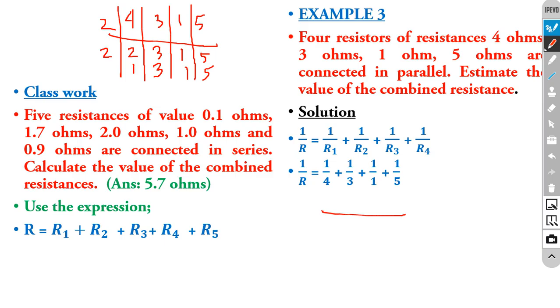The next number is 3. Bring this down. 3 can't go, 3 into 3 here is 1. Bring this one down. 3 cannot go into 5, I bring 5 here. So I now write 5. Bring this one down, bring this one down, bring this one down. 5 into 5 here is 1.